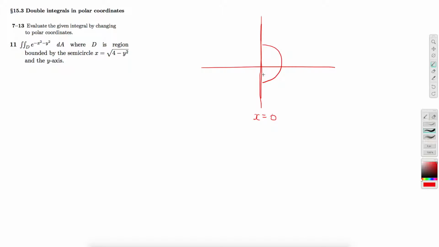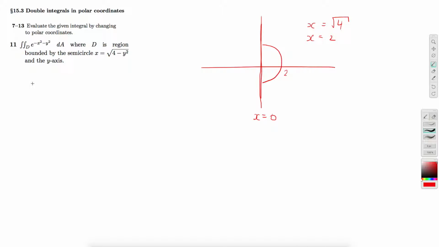What's the radius of this? Is it a radius of 2? Right? Because when x equals 0... Yeah, so you can figure out the radius by just going, well, when y equals 0, x equals 2. Easy.